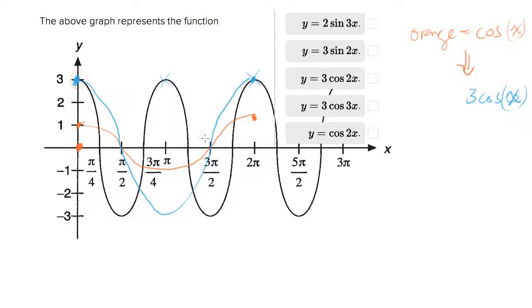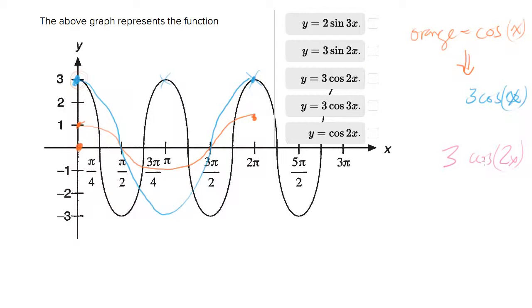So the way that you halve the period, or double the rate of peaks, is by multiplying the variable inside by 2. So let's say in purple, we're going to do 3 cosine of 2x.